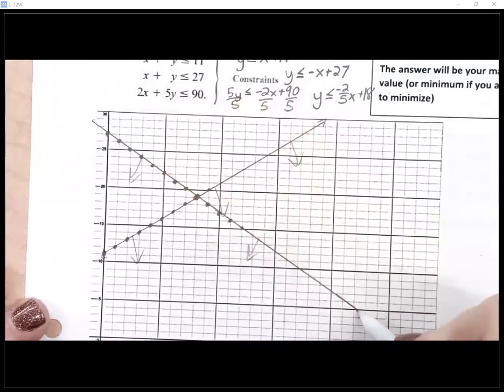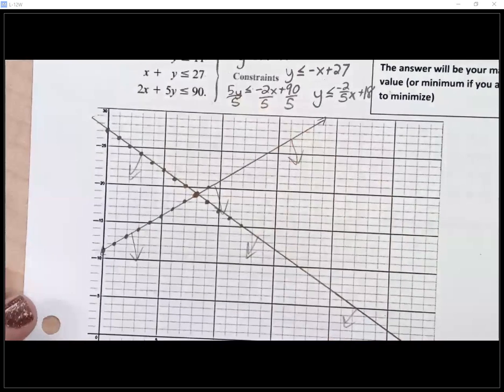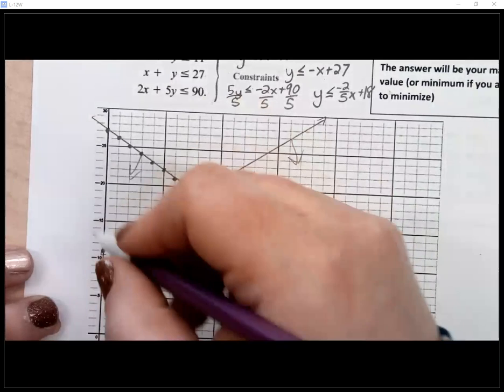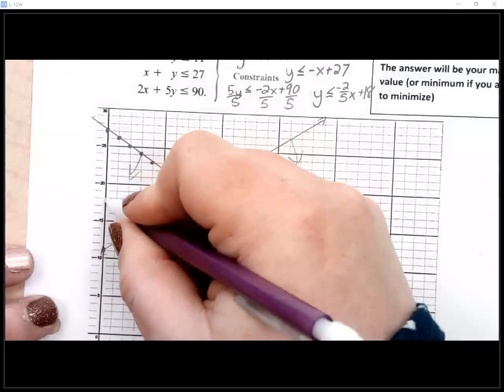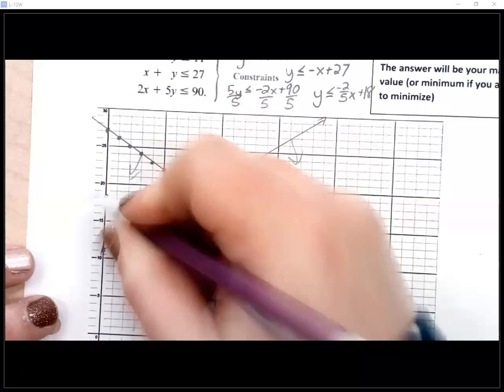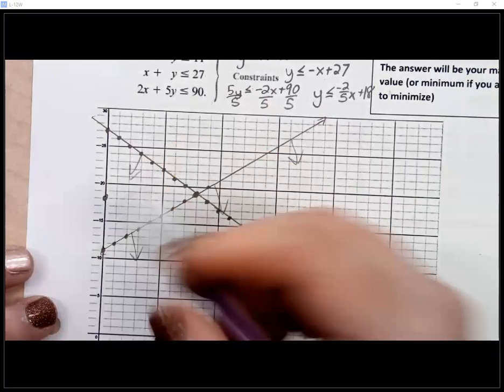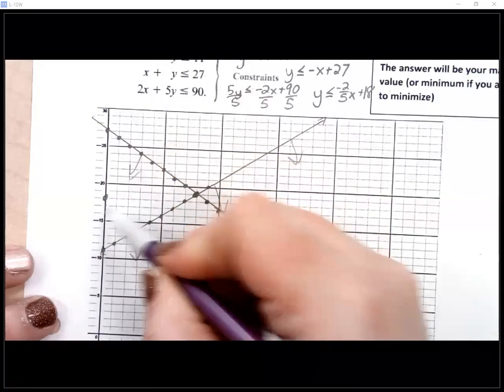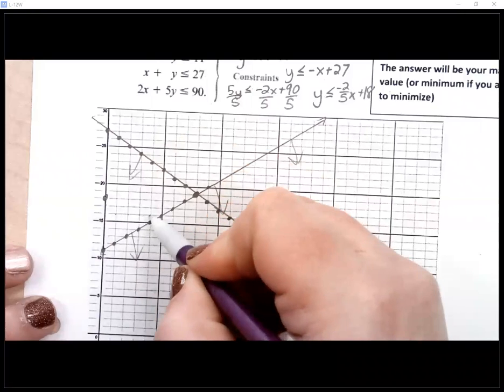But now I have a third equation that I need to take into account. No problem. We're going to start at 18. And this one has a slope of -2/5. Oop, ding, ding, ding. I found where those two hit.